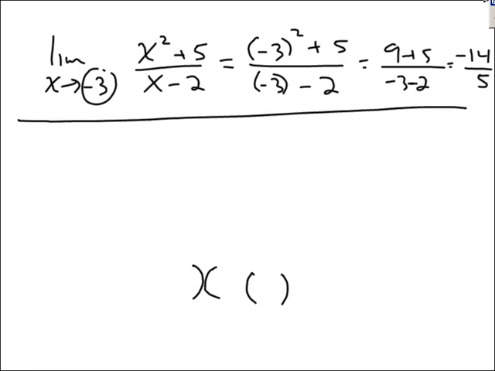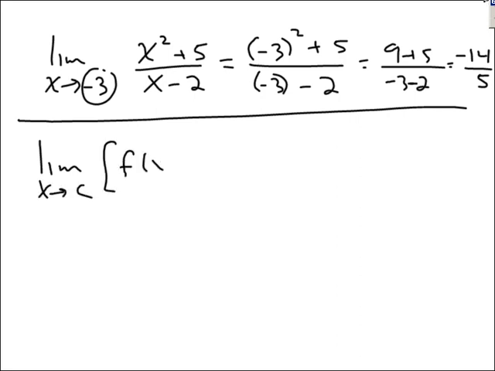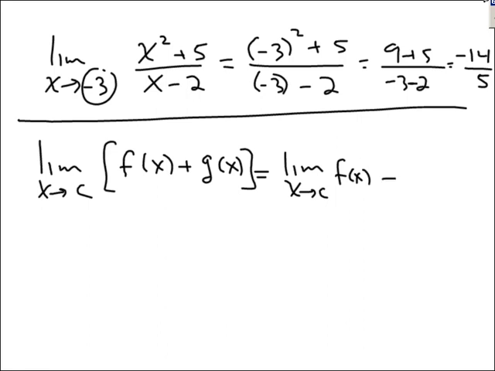Any rule that one would think makes sense actually makes sense with limits. That is, if you have the limit as x goes to some number c of f of x plus g of x, well, this happens to be the same as the limit as x goes to c of f of x plus the limit as x goes to c of g of x.